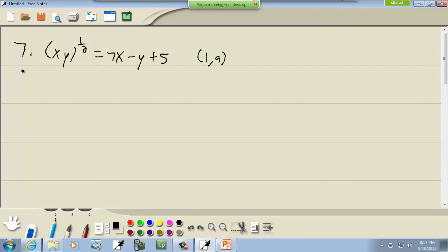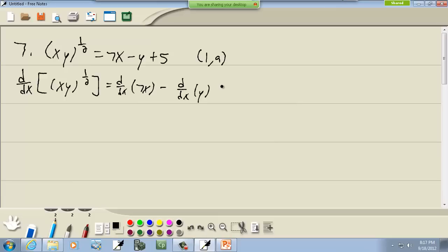We're going to take the derivative of everything where it's sitting. So we'll take the derivative of xy to the 1/2, the derivative of 7x, minus the derivative of y, plus the derivative of 5. This is a chain rule: you've got parentheses to a power.